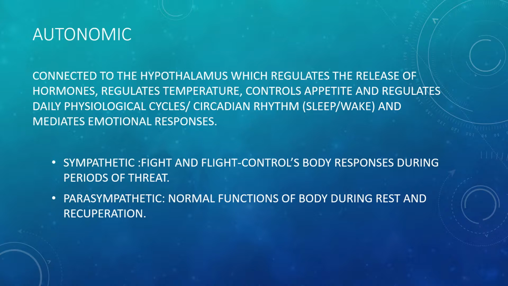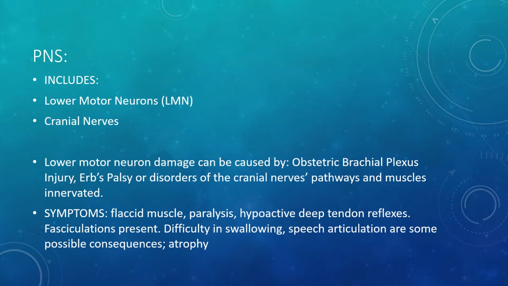But the parasympathetic system, which we all have, takes care of the normal functions of the body while we're resting and recuperating. So it's kind of our nervous system of homeostasis. So the peripheral nervous system consists of lower motor neurons, or LMNs, and the cranial nerves.